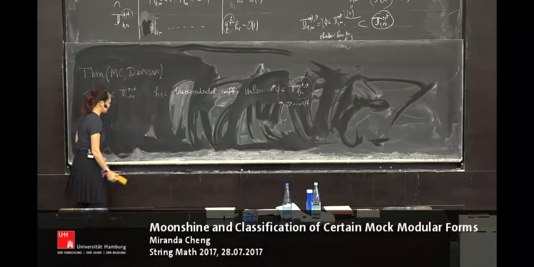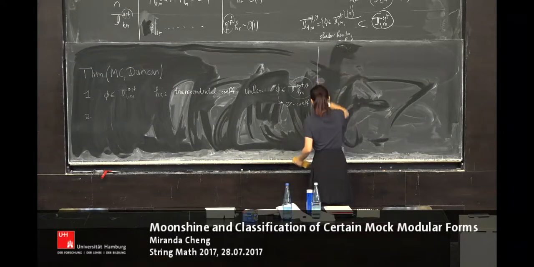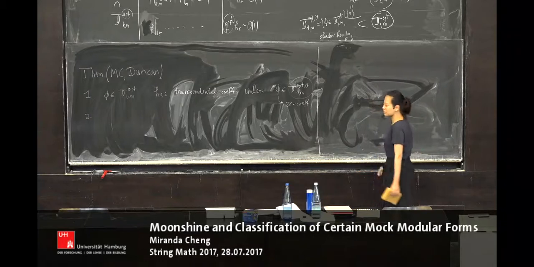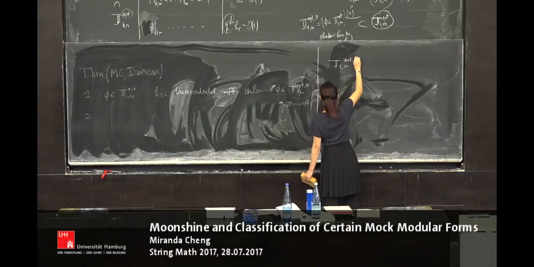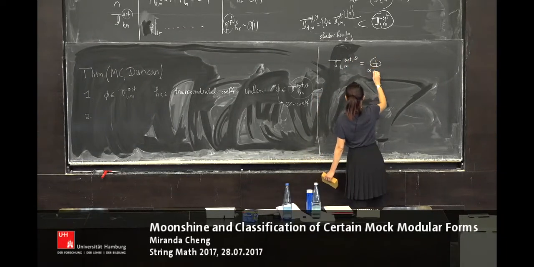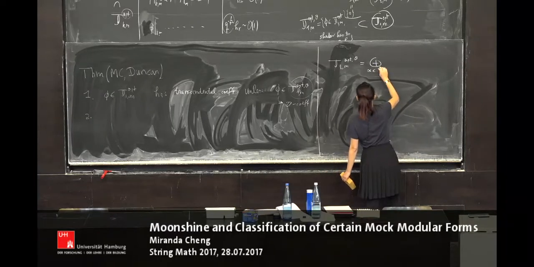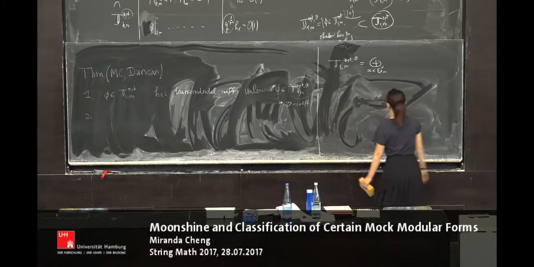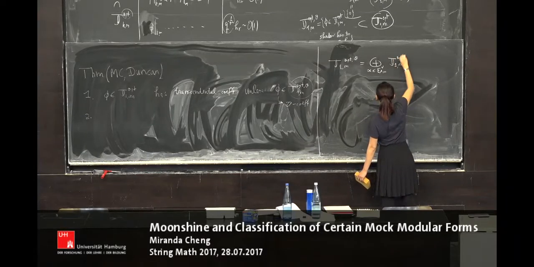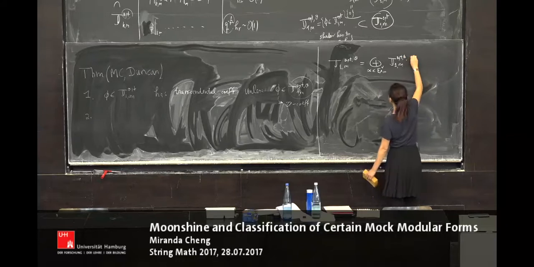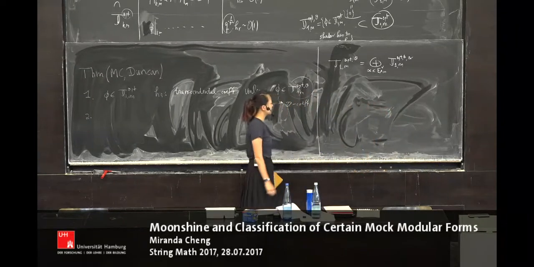And to state the classification, we want to split it into eigenspaces under what we have talked about, the Atkin-Lehner involutions. So we split it into all possible sets of eigenvalues under this involution, one for each exact divisor of m. Okay, so what does that mean?